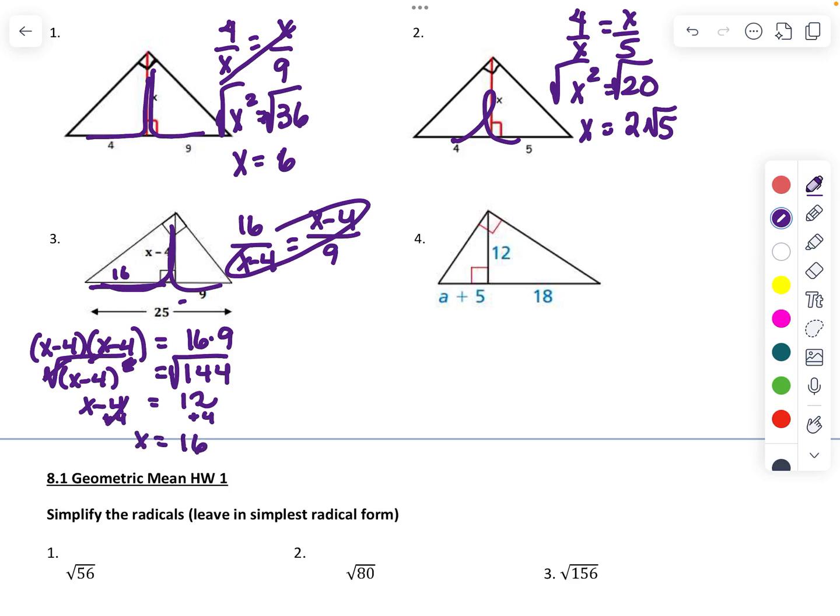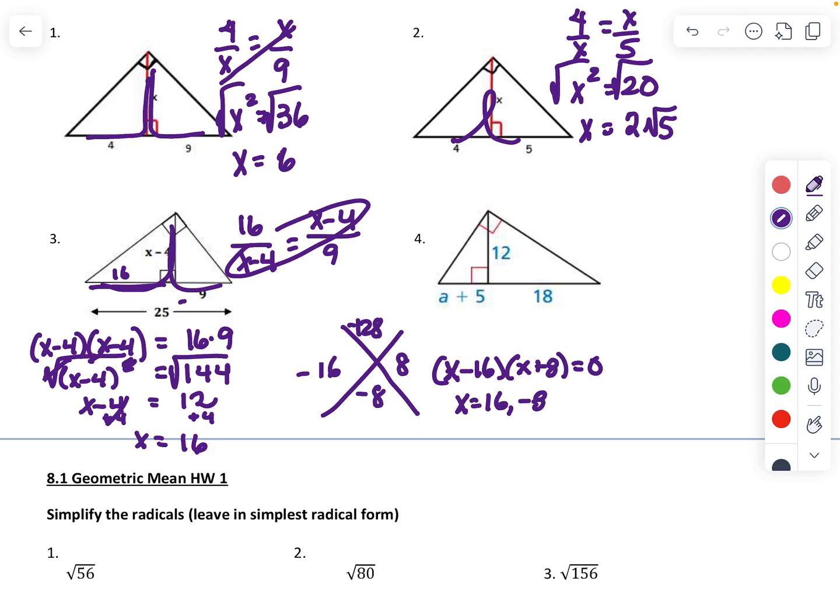x equals 16. Now you're really going to get 2 solutions for this if you go ahead and factor it out the normal way. And you would get 2 solutions the way I did it too, but just so that you can be clear, you'll get a 16 and a negative 8, but like I said, being that it's an altitude, we're going to choose the positive answer.